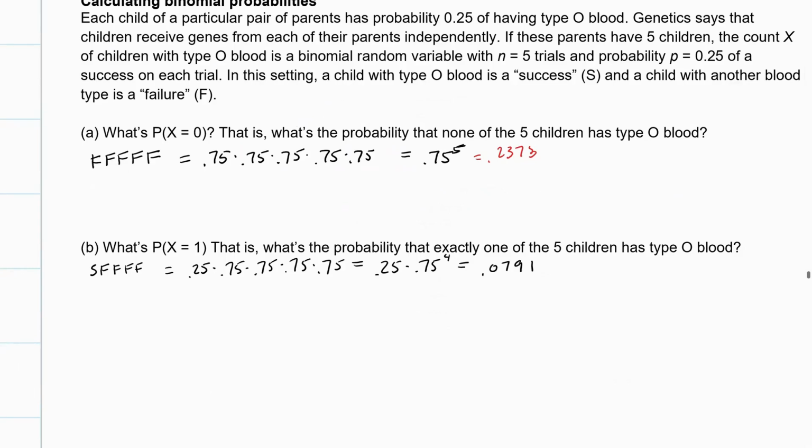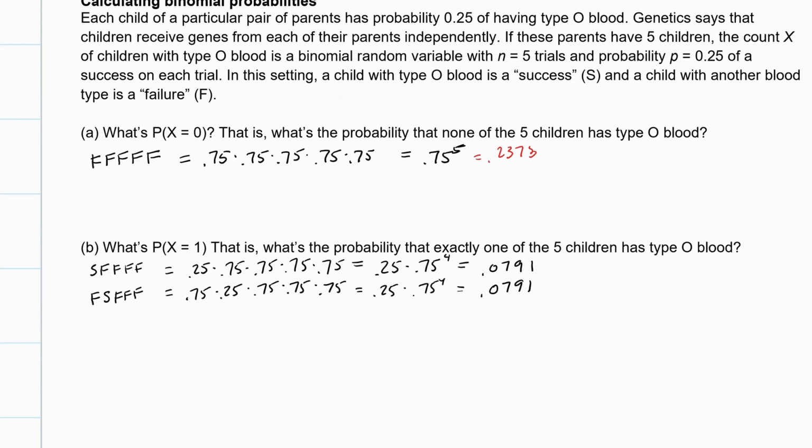But another way that this could happen is that you could have a failure and then a success and then three failures. 0.75 times 0.25, 0.75 times 0.75 times 0.75. Well, that's just the same, 0.25 times 0.75 to the fourth. So that will also be 0.0791.